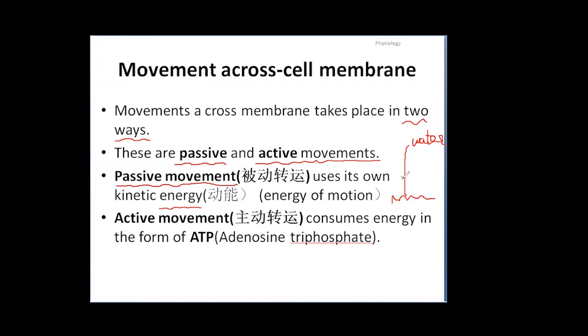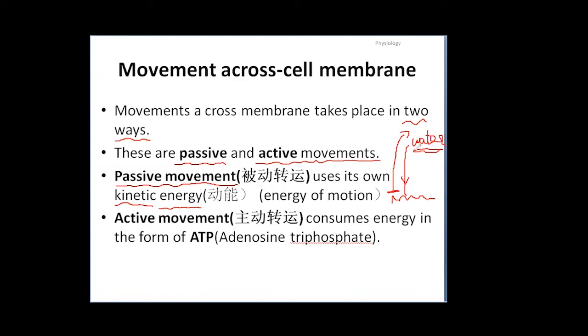It flows automatically, but there's already some energy in it because it is located in the higher part. But if you try to move the water from a lower part to a higher part, maybe you need a pump. That means you need electricity, a special energy coming from outside.